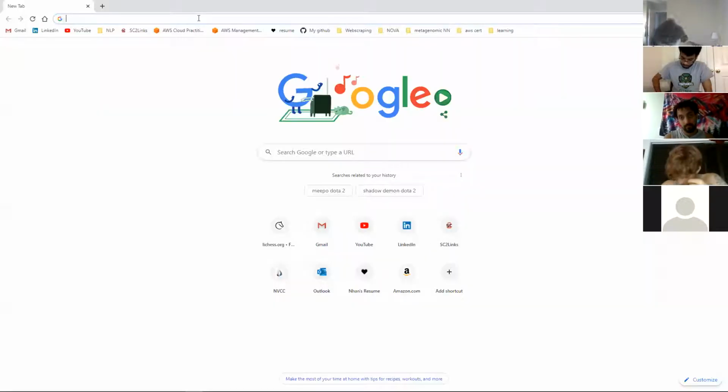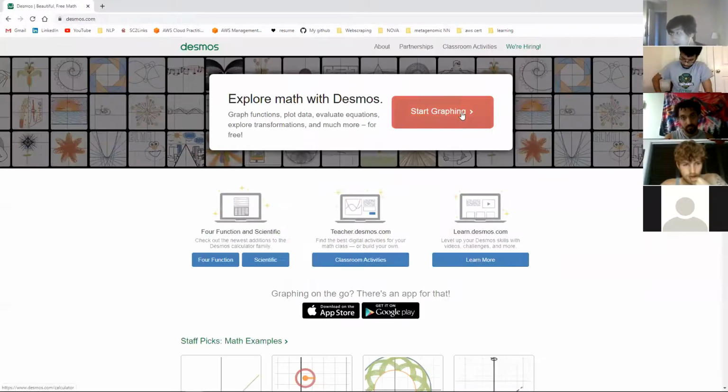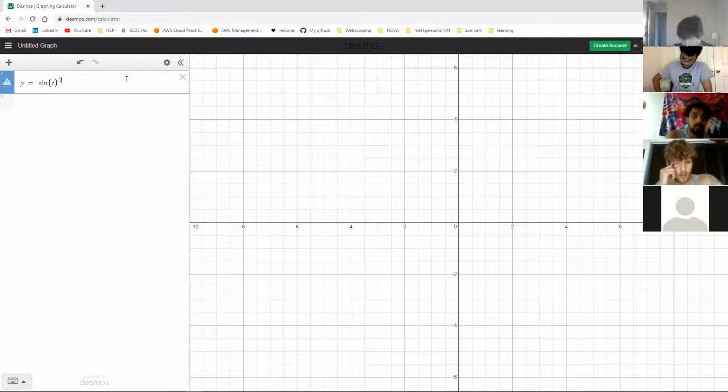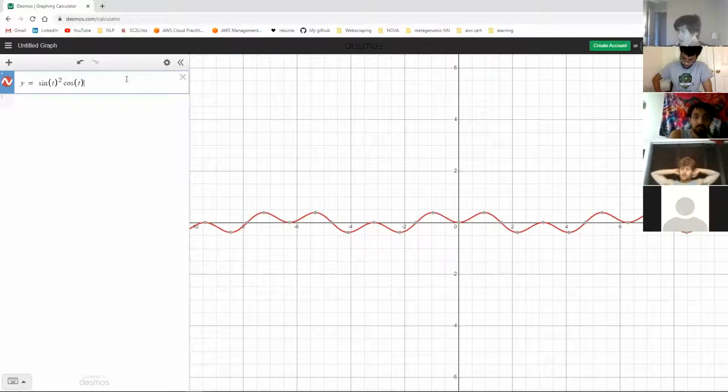We can compute this. We can draw a picture too. I bet you if we draw a picture, this will be 0. y equals sine t squared, x equals cosine t, from 0 to 2 pi. So what's 2 pi? That's over here.